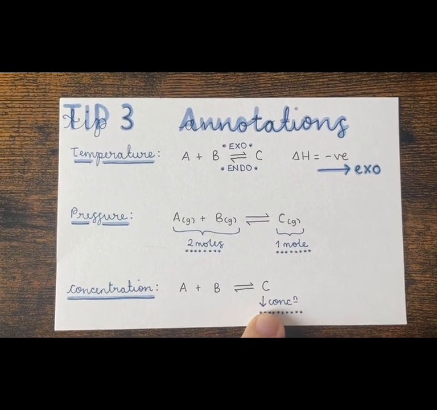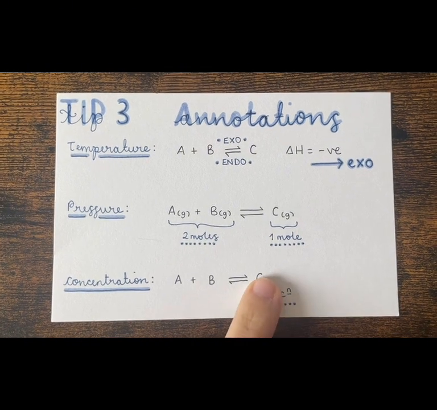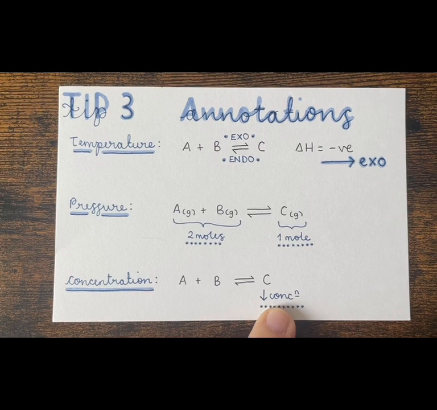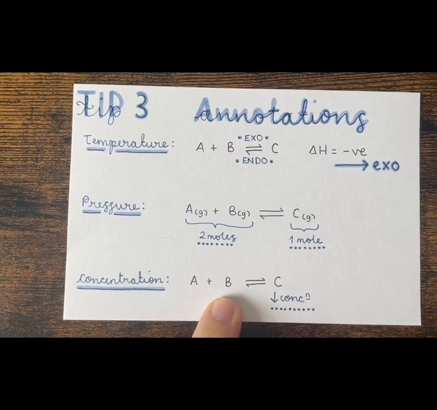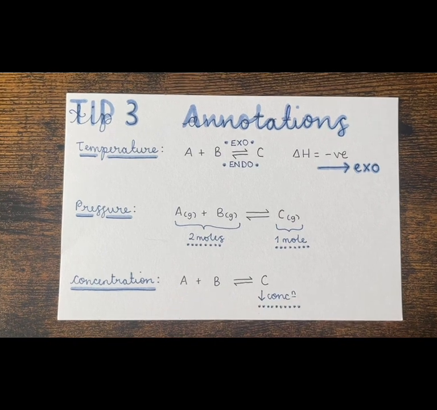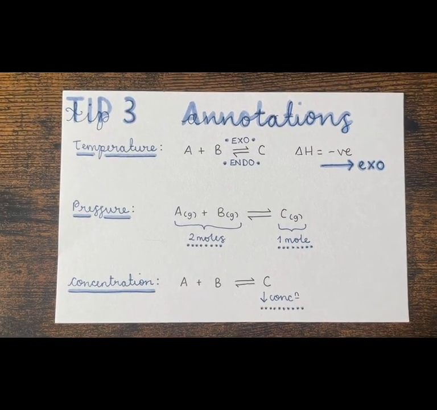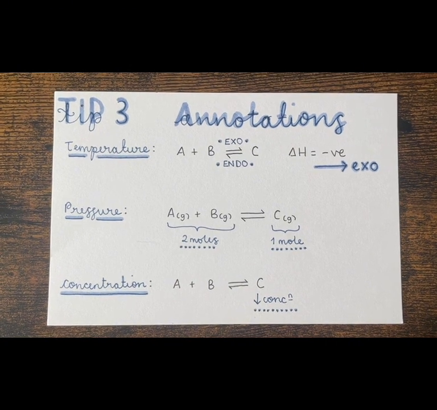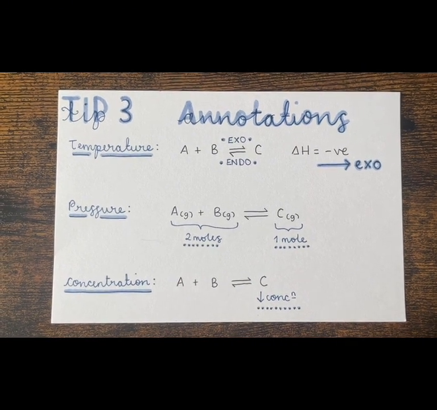And is that concentration being increased or decreased? So if C's concentration is decreasing, I might write decreasing concentration underneath C. If B's was increasing, I would write increasing concentration underneath B. Again, visually, I find that more helpful than having it written just in the question. And again, it's getting that information out of my brain to enable me to then go on to the next part.